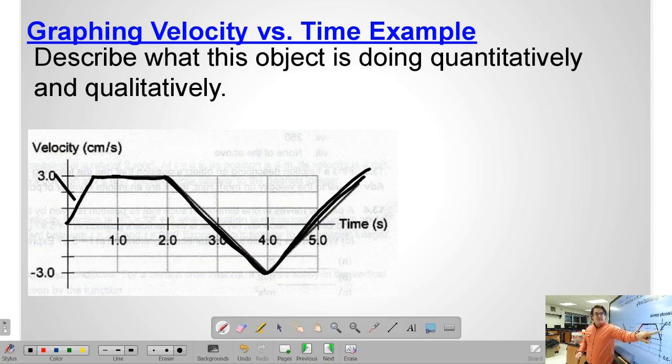If positive acceleration is speeding up to the right, and negative acceleration is speeding up to the left, what in the heck does a zero slope mean? It's standing. Absolutely. What's the keywords we would throw in there? I'm looking for like two keywords from like last week's lab. One starts with a C. Constant speed.